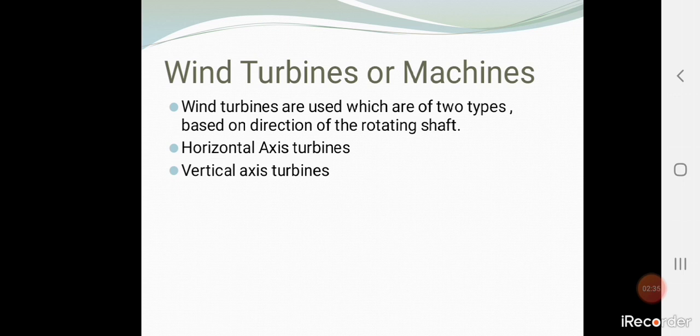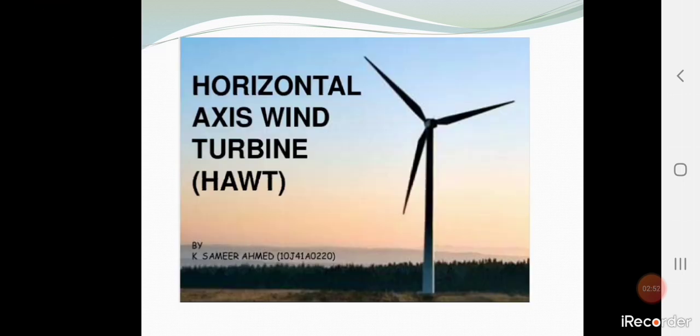Wind turbines are of two types based on the direction of the rotating shaft. First one, horizontal axis turbines. Second one, vertical axis turbines. Now, here you can see a simple image of a horizontal axis wind turbine.